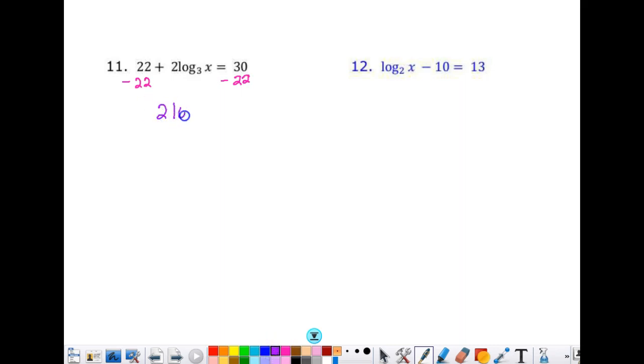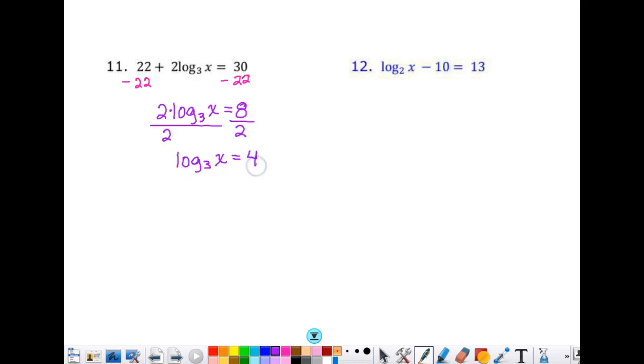And we get 2 times the log base 3 of x equals 8. Now, what else can we do? Yeah, let's divide by 2, because this is really times right there. So we can divide by 2 until we have the log isolated.